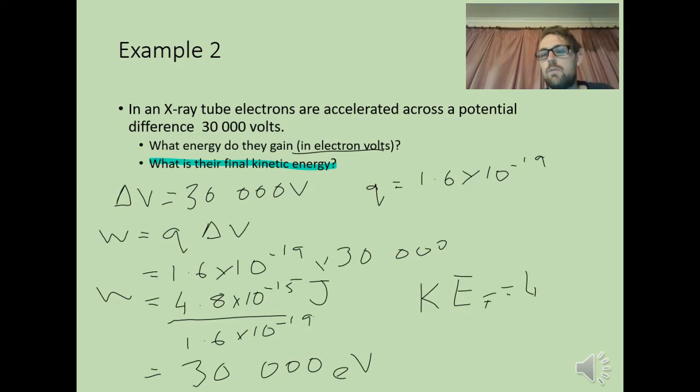It equals 4.8 by 10 to the negative 15, or 30,000 electron volts. And this answer would be in joules, obviously. Okay, so a few interesting definitions there, but I think the mathematics is fairly straightforward.